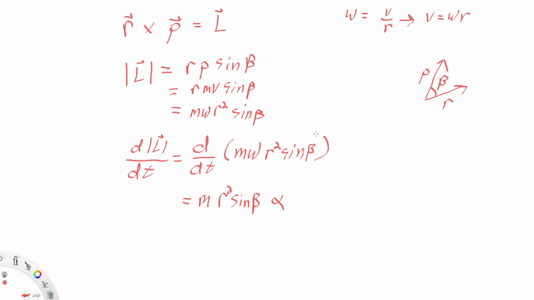If the radius is also changing, then product rule tells us we actually need a second term. Everyone with me so far?